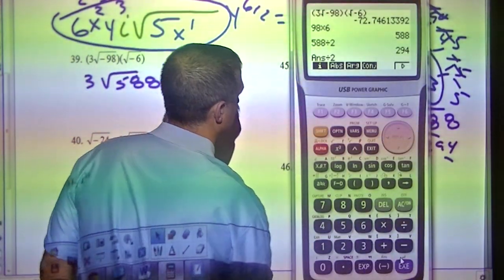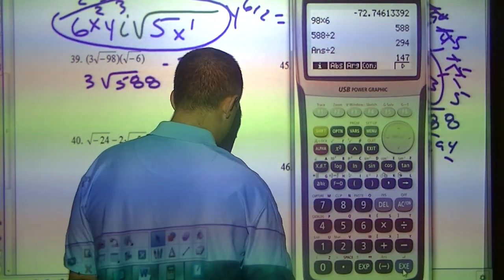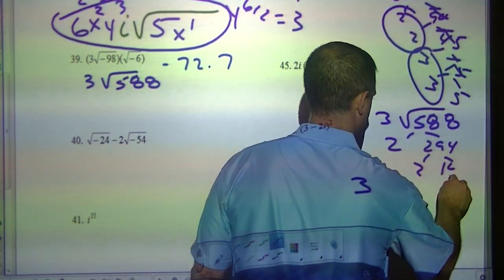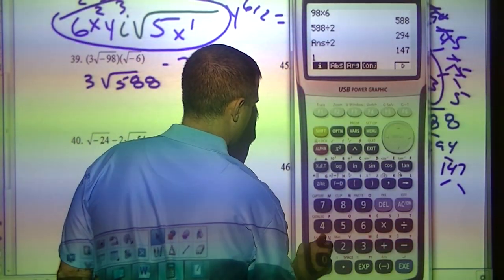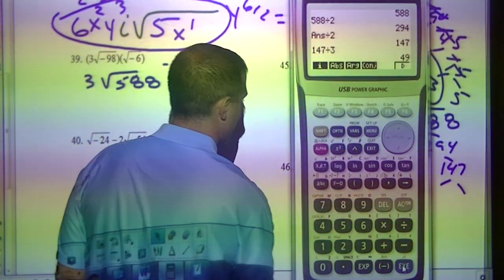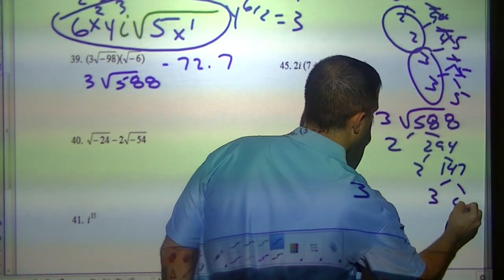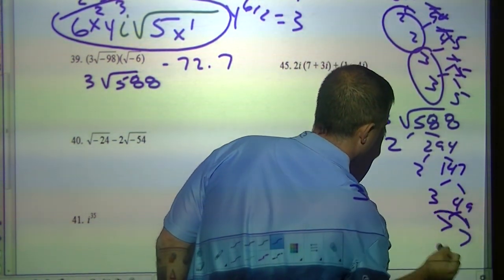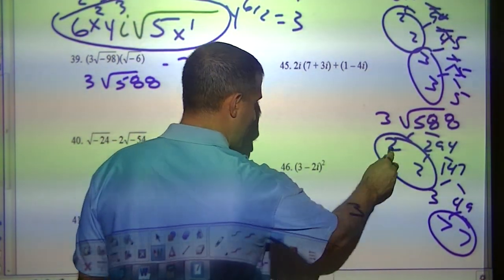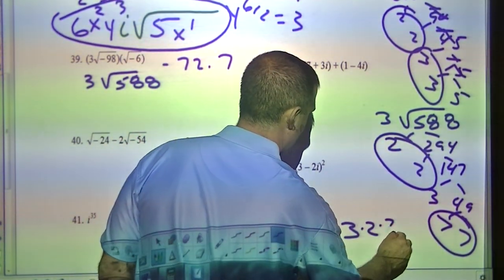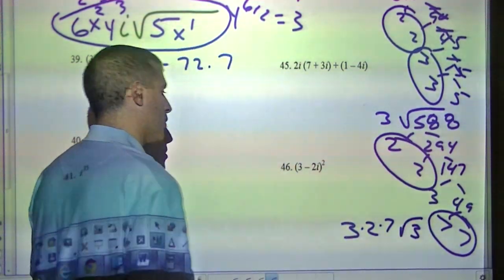Divided by 2 would be 147. 147 divided by 2 I don't think works. Let's try 147 divided by 3. Yep, 3 and 49, and then 7 and 7. So here's a pair, here's a pair. So from this, I've got this 3, that 2, that 7, and the 3 that's not circled.